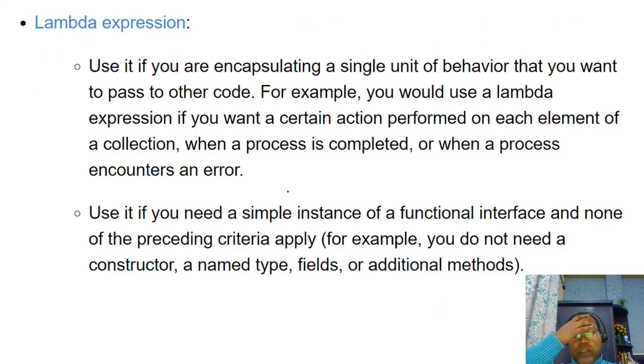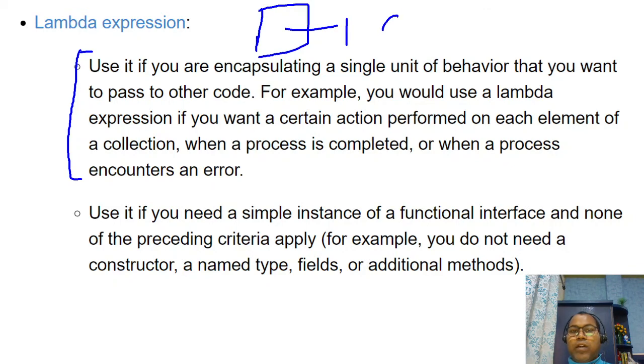And as we explained, a lambda expression is the concise form of providing the implementation object of an interface. If you have an interface that has only one single abstract method, that interface is known as a functional interface, and a lambda expression provides the implementation of a functional interface.